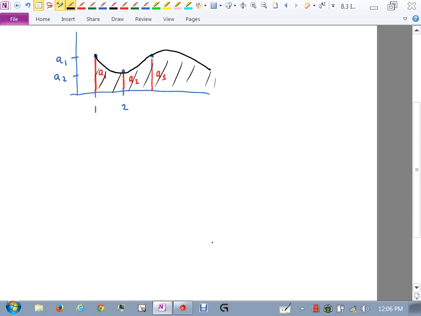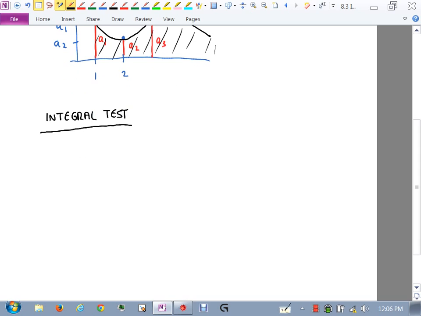So here's the actual test. Integral test. It says, we have some heavy conditions to be able to use this test. Here they are. Suppose a sub n is positive.